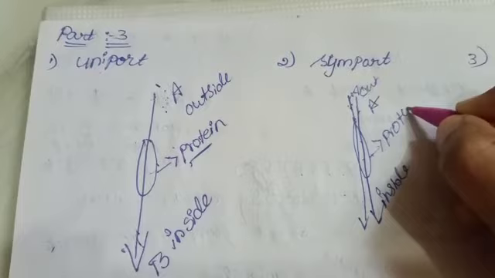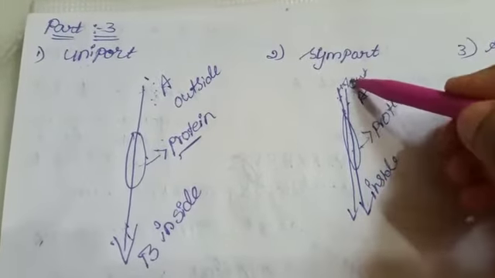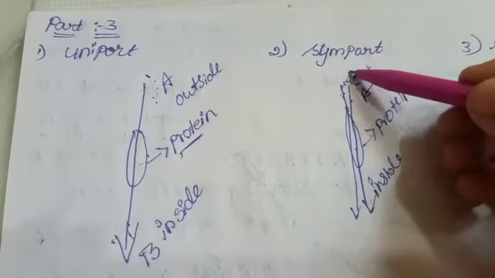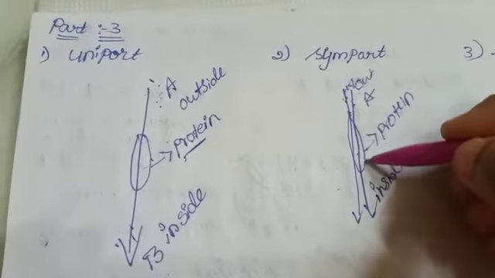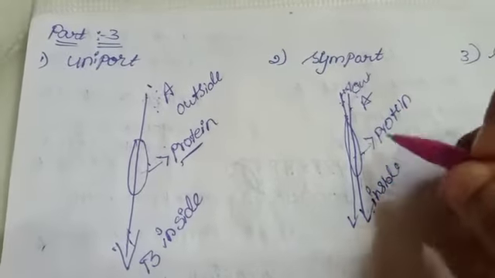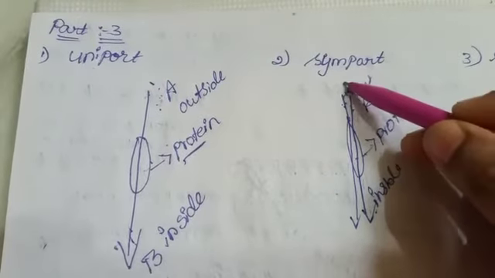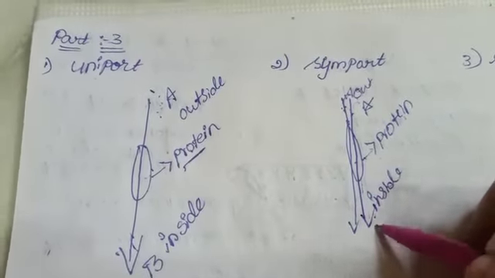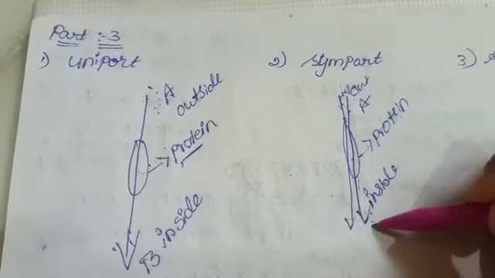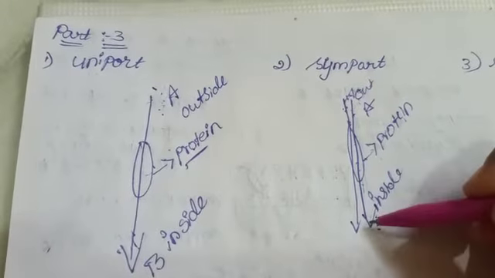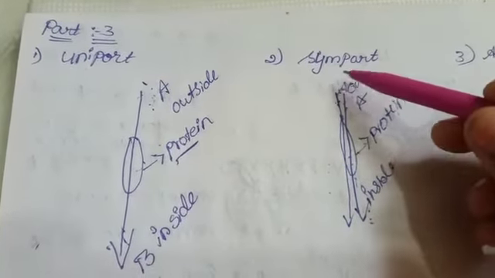The two substances come inside the cell with the help of the protein in the same direction. This is called symport.